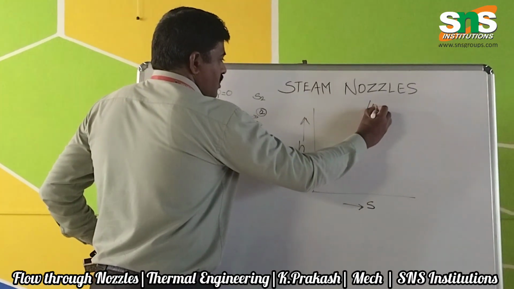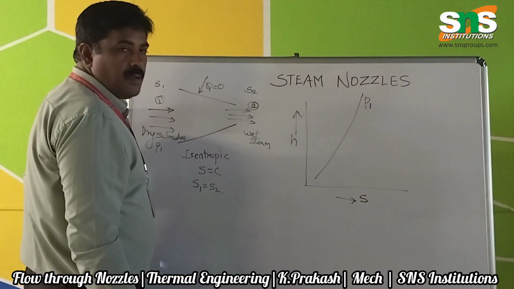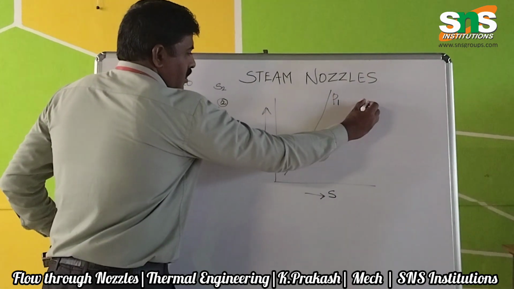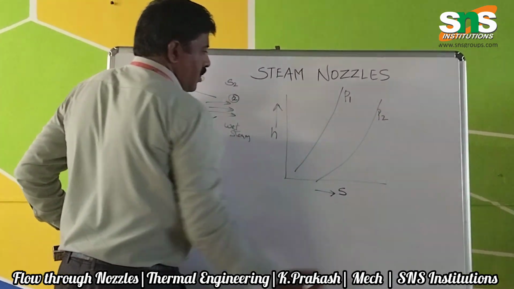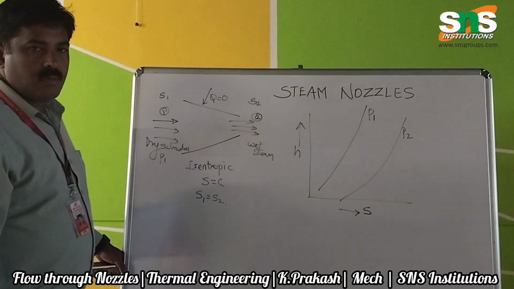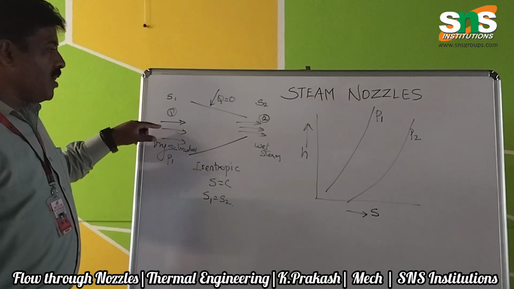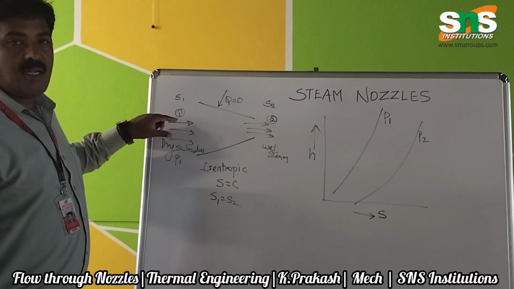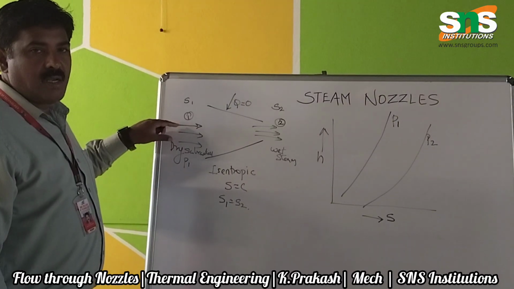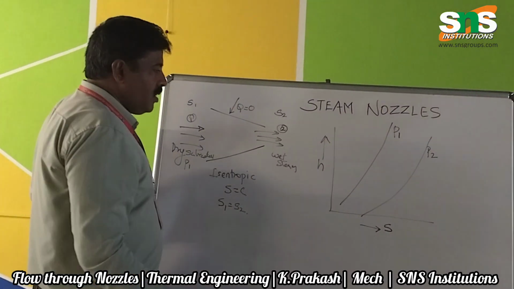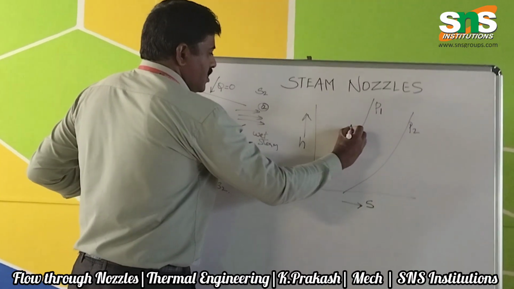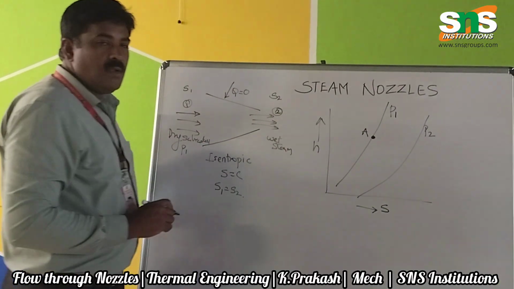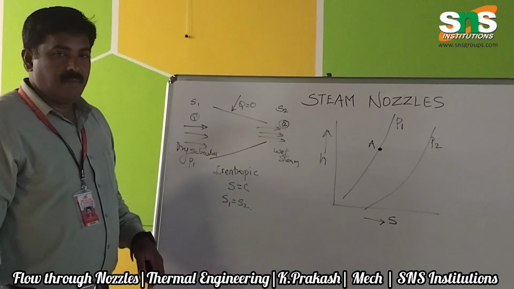This pressure is P1, and here another pressure P2. Initially, if we know the pressure at the inlet, it is taken as P1. Let us assume this point is the inlet. Based on the properties, we fix the point A.